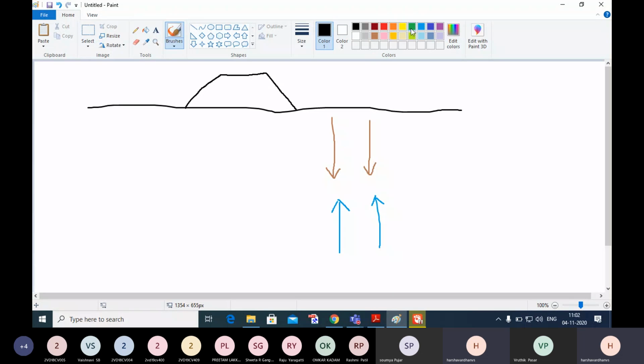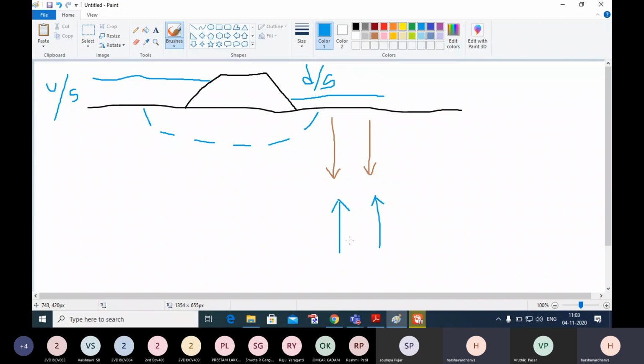Below the dam, the water is flowing from the upstream side to the downstream side. So you can say the seepage is in upward direction because there is a head difference between upstream and downstream side. So the seepage pressure is acting in upward direction.